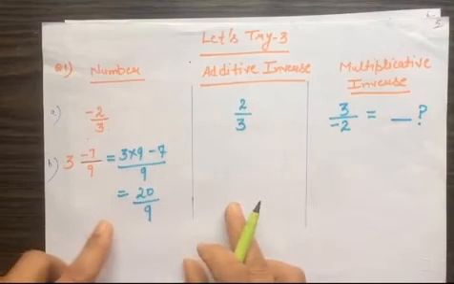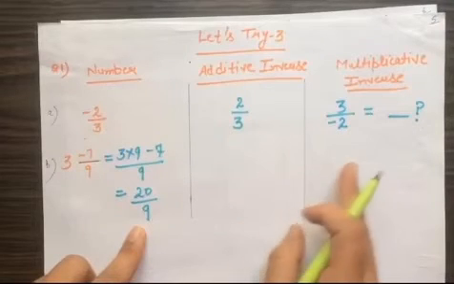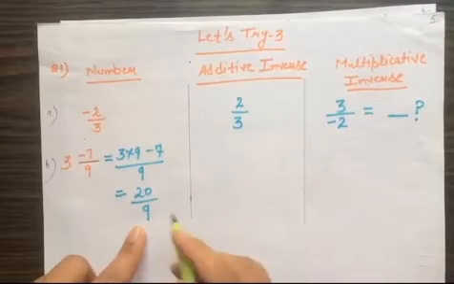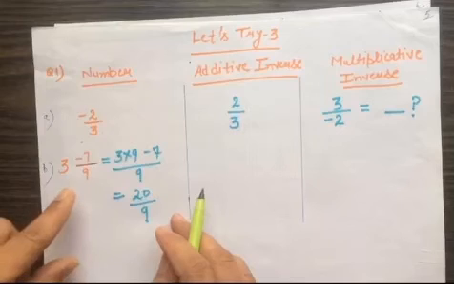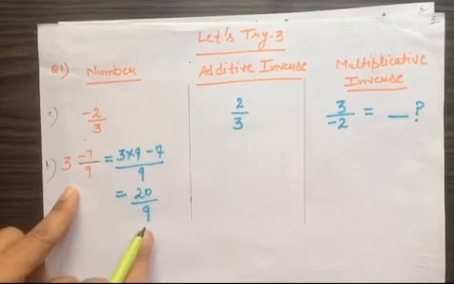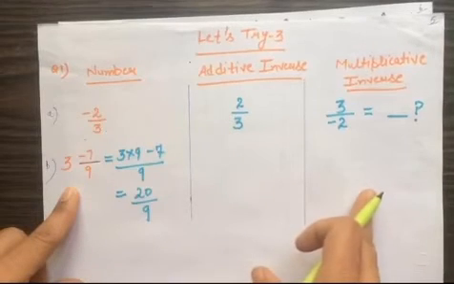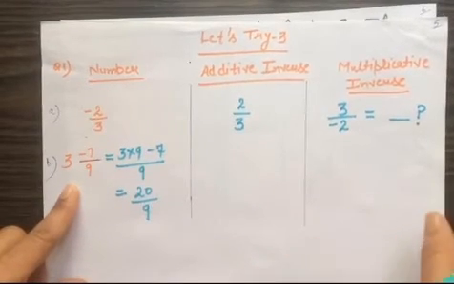Now you will write yourself its additive inverse and multiplicative inverse. When the number is given in mixed form, first you will convert that number into improper form, then you will write its additive inverse and the multiplicative inverse.